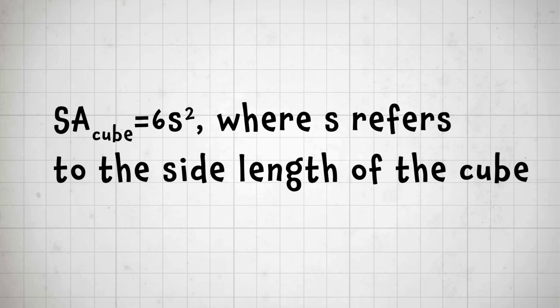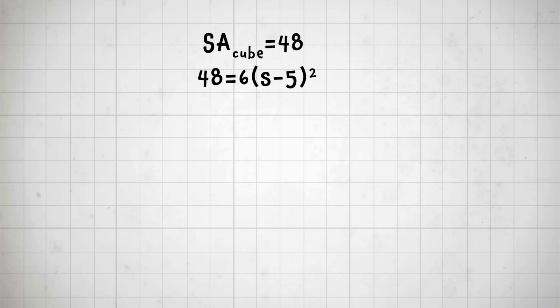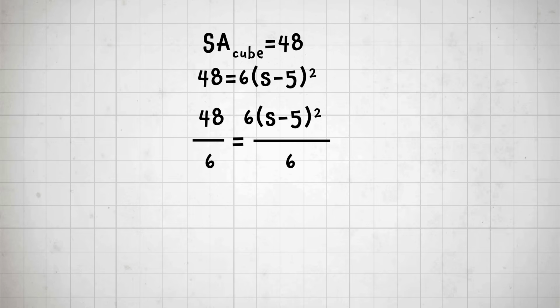The new surface area becomes 48 square centimeters. In symbols, SA equals 48, and 48 must be equal to 6 multiplied by the quantity s minus 5 squared. We should realize that both sides of the equation are divisible by 6. Dividing both sides by 6, we should get 8 is equal to the square of the quantity s minus 5.